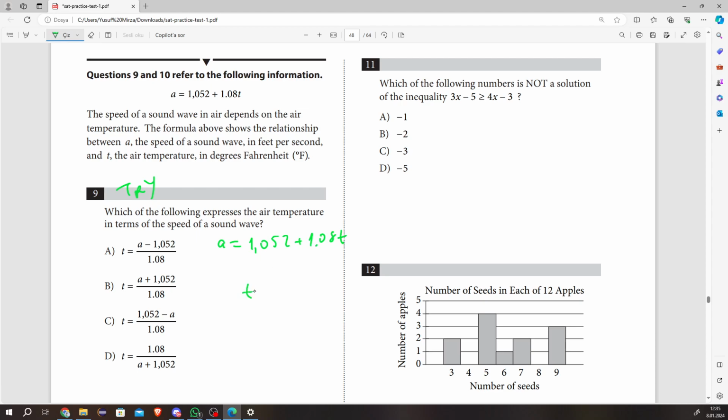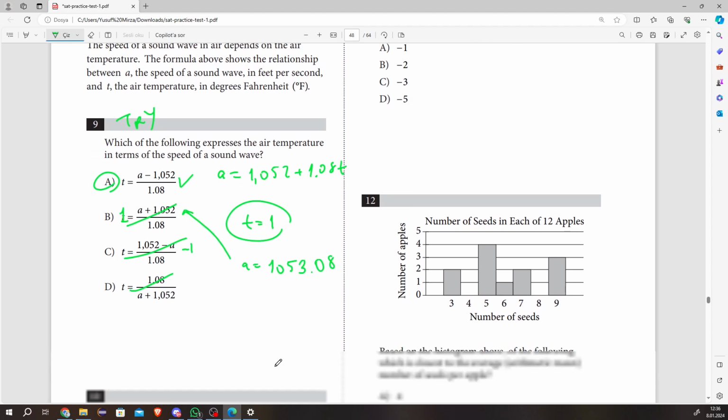Let's say T equals 1 and A should be like 1053.08. So let's put 1 here, and let's put A this. It should not be 1. Let's see, it's minus 1, and it can't be 1. So our answer is this.